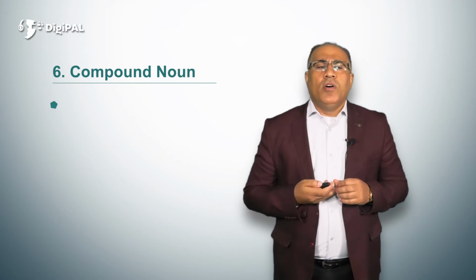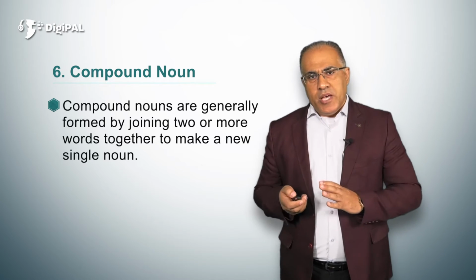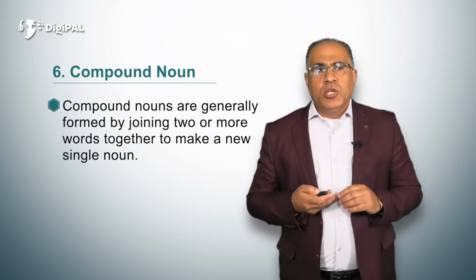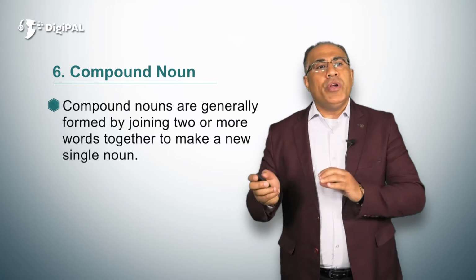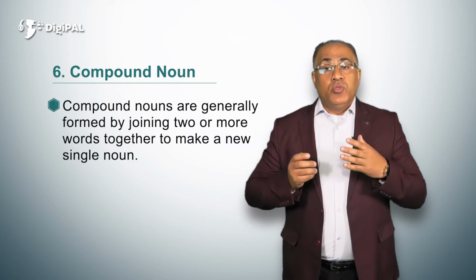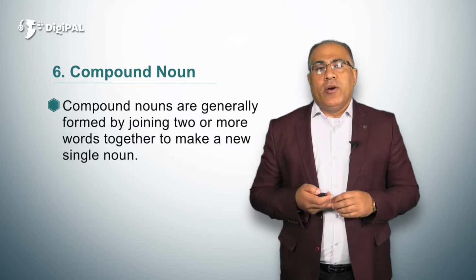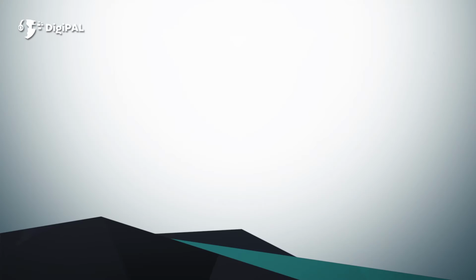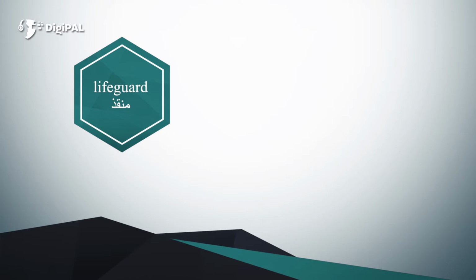Finally, let's move to the sixth type of nouns, which is compound nouns, al-asma'u al-murakkaba. Generally, compound nouns are formed by joining two or more words together to form a new single compound noun. So we have an example such as lifeguard, consisting of life plus guard.